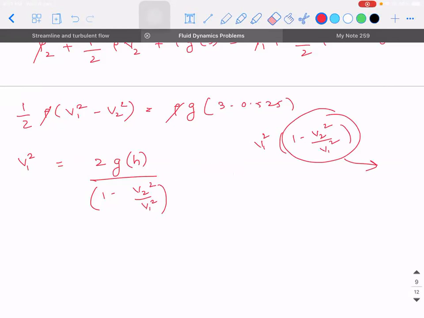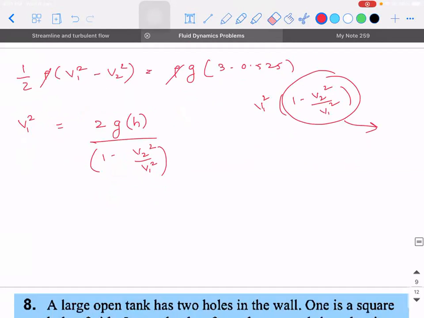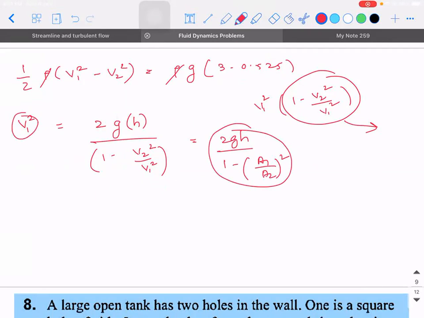But how can I write V2 and V1 in terms of A1 and A2? We know that V and A are inversely proportional. So this will be 2GH divided by 1 minus A1 by A2 the whole square. But A1 by A2 is already given to us, 0.1. So right hand side everything is known. Left hand side is the square of speed. So you're going to get the answer directly.